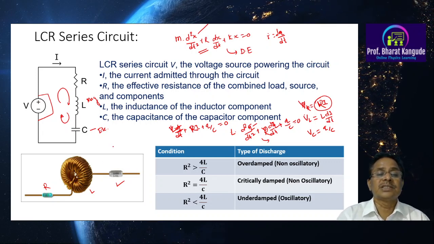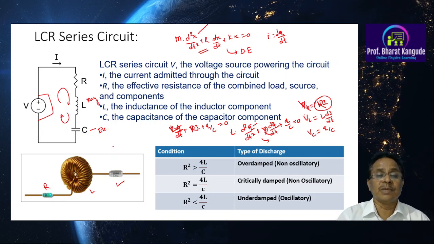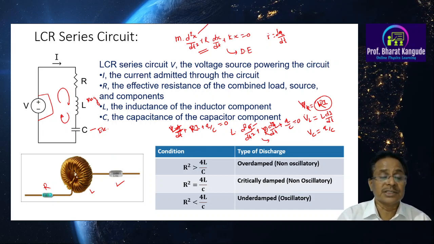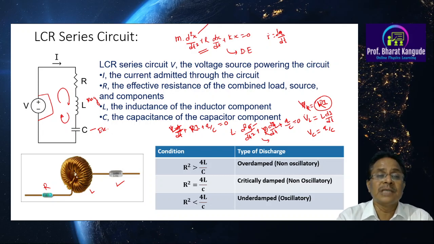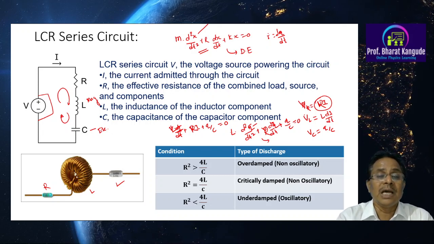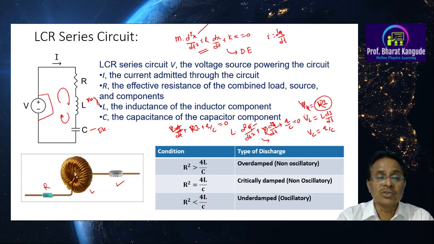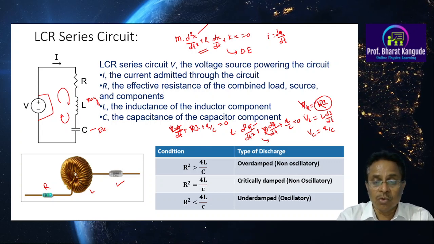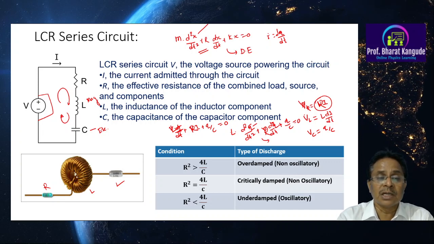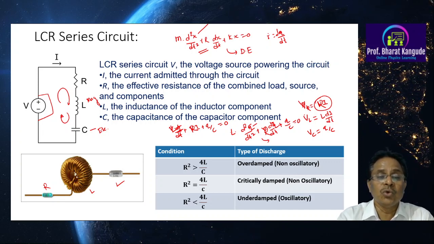In this case, electromagnetic oscillations take place, and this circuit behaves exactly like the mechanical damped harmonic oscillator. Here also electrical energy is lost through heating of the resistor, and step by step its energy goes on reducing.